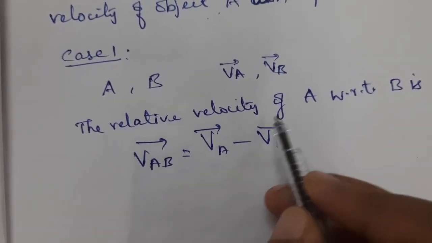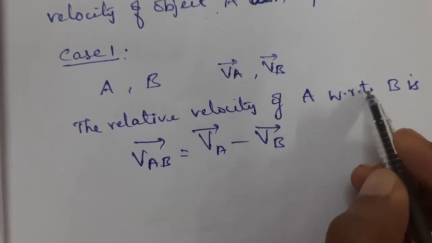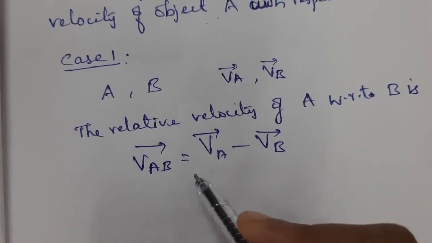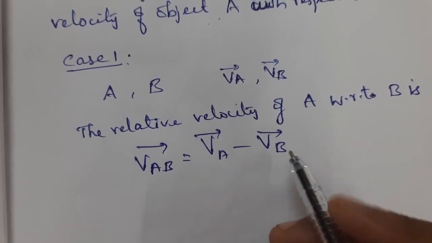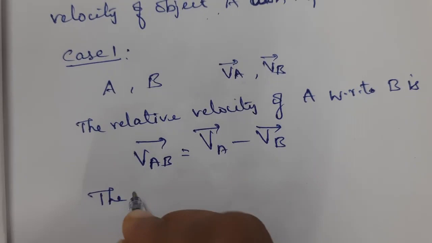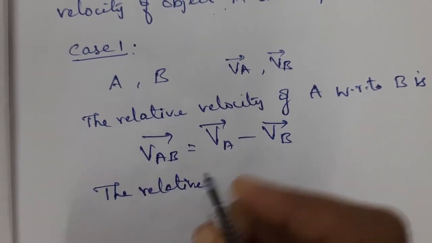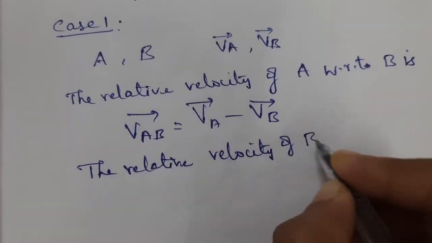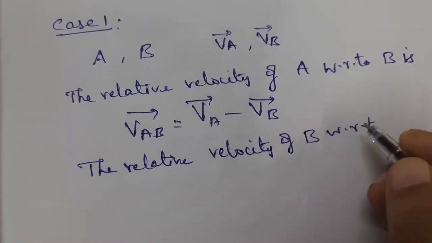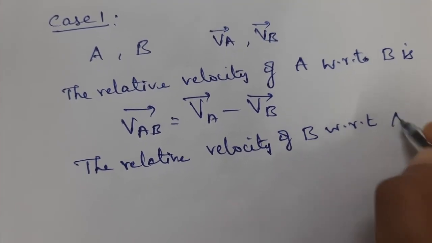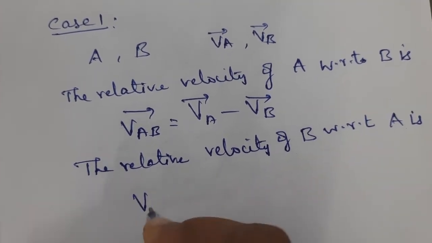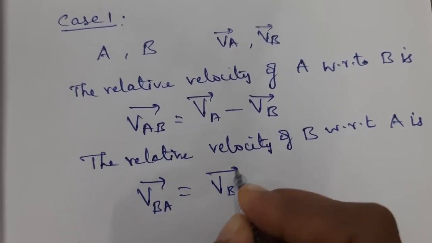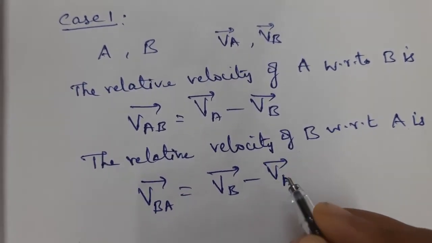The relative velocity of object A with respect to object B, VAB, is equal to VA minus VB. The relative velocity of object B with respect to object A is VBA equal to VB minus VA.